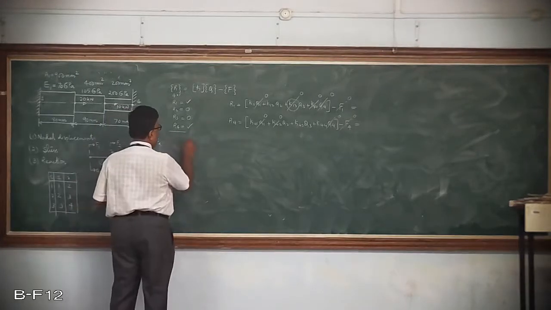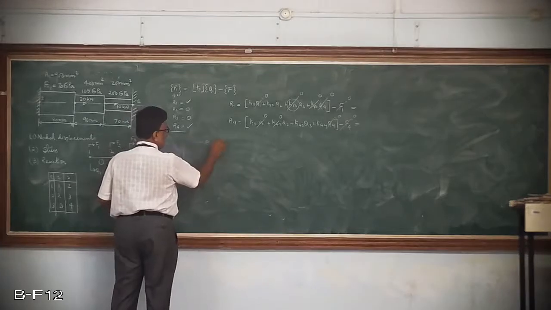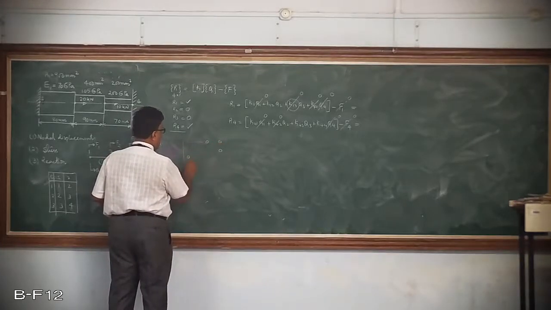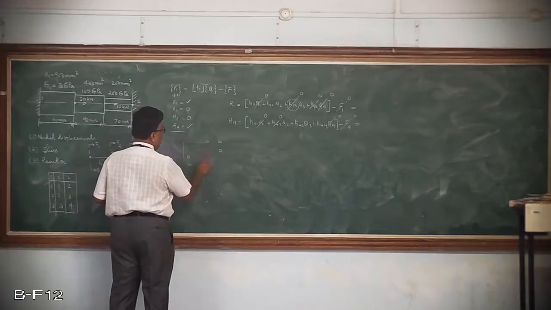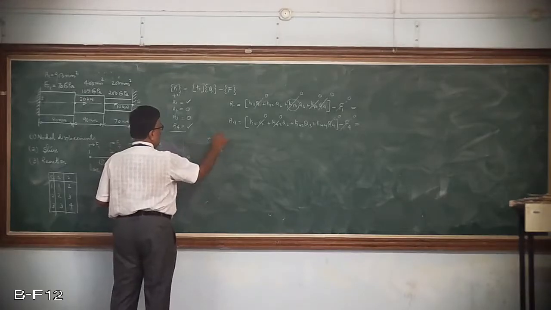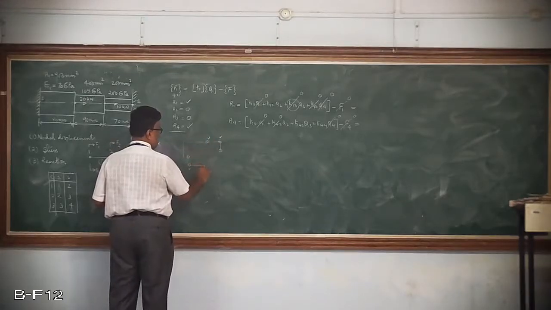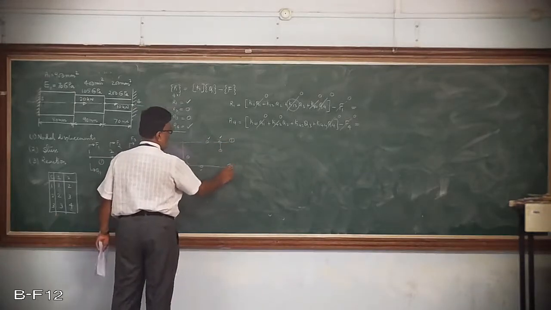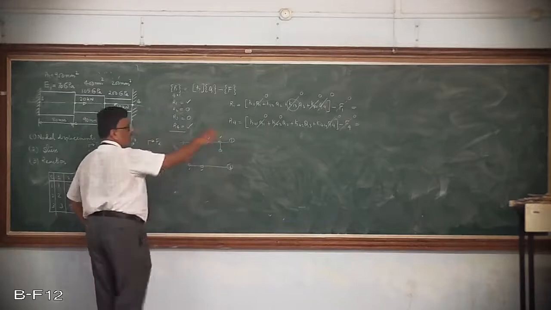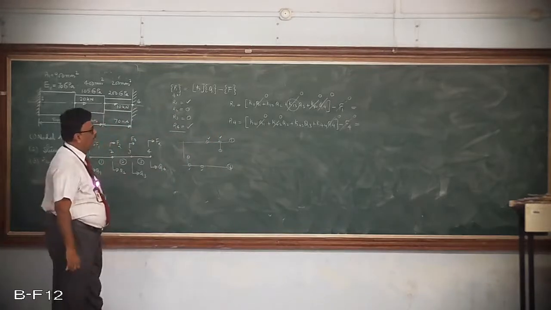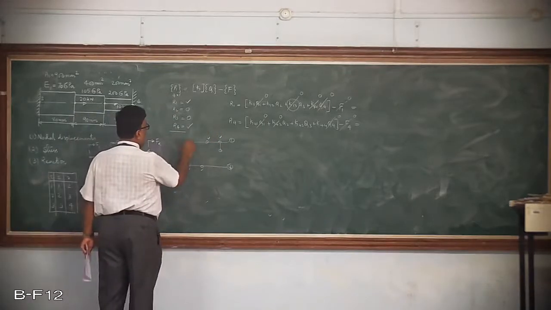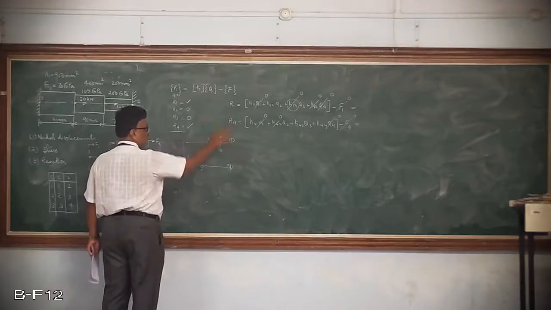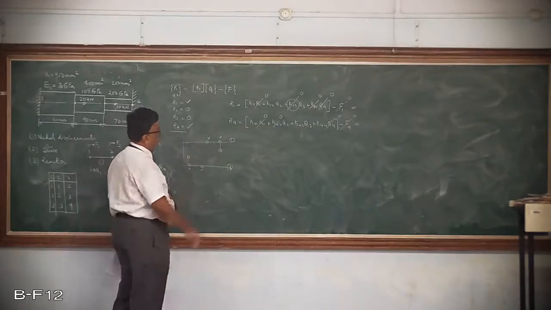Here and here are 0 for the 1st row, and these are 0 for the 4th row. So automatically these are getting eliminated, and since the first degree of freedom is 0, Q1 is also 0 and Q4 is also 0.